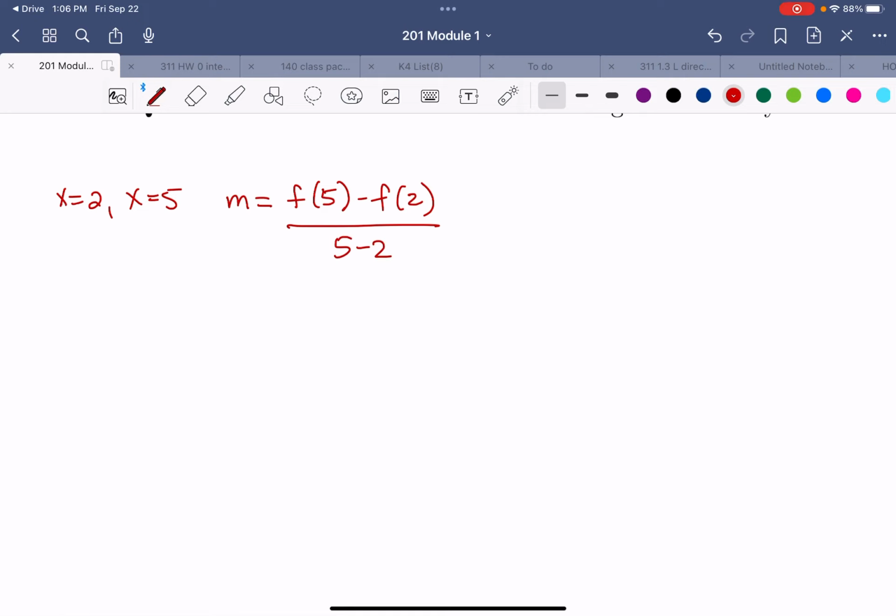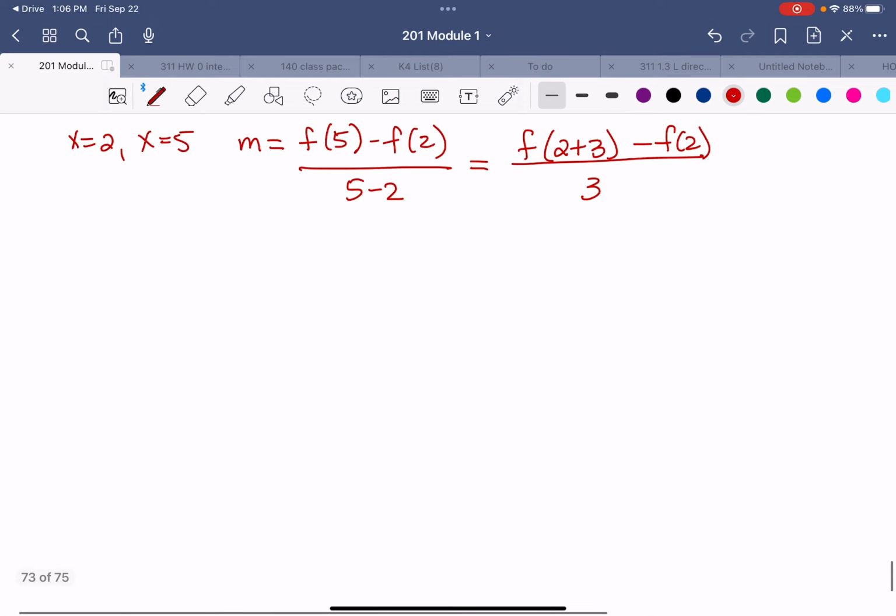And 5 minus 2 on the bottom, okay? But now 5 minus 2 is 3, so I'm going to put the 3 on the bottom. And what I want to do is I eventually want to take out the 2. I've got too many numbers that are changing. So I'm going to relate the 5 in terms of 2. So 5 was 2 plus 3, minus f of 2. Okay, so we're going to do everything in relation to 2 and see what happens.